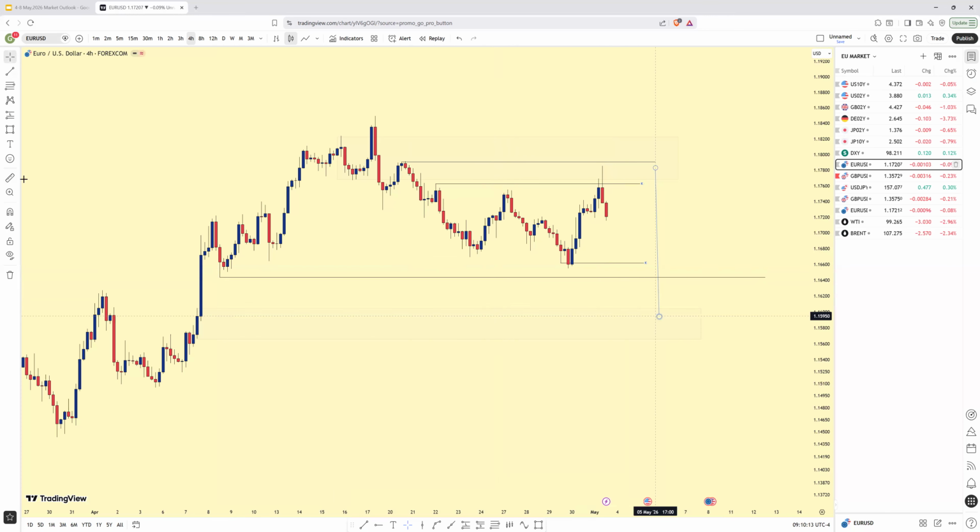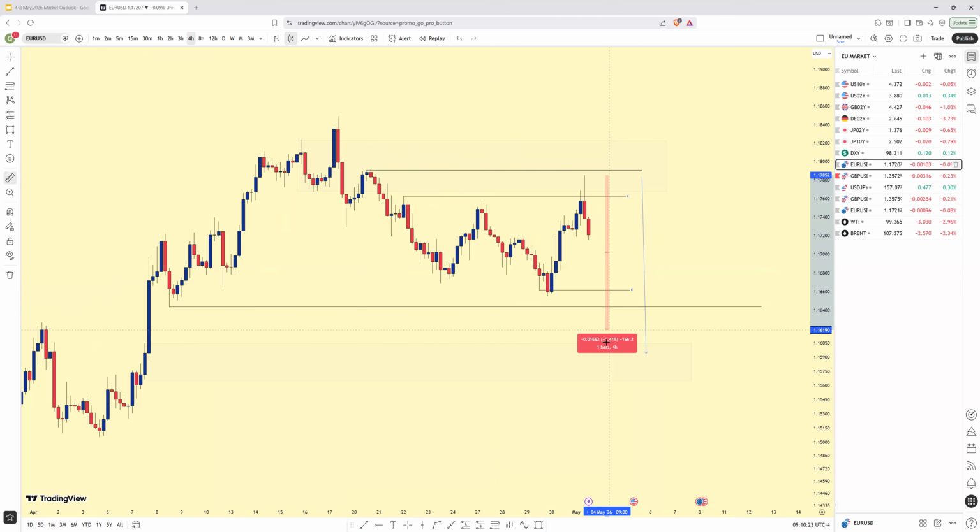Well, let's see how many pips that is. It may not happen all through next week, but it might extend into the next 2 weeks. So that's over 188 pips, maybe in the next 2 weeks. But I'm really expecting Euro USD to come into this area.